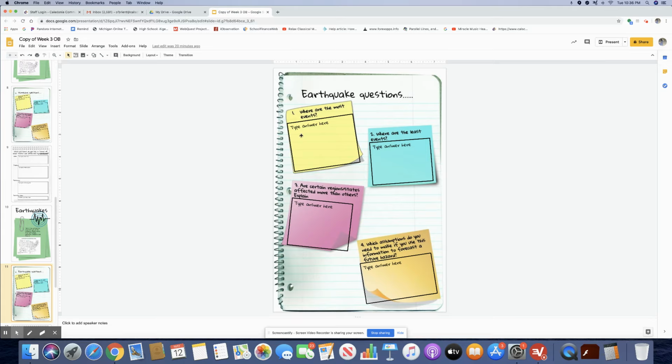Okay, earthquake questions. Where are the most? Where are the least? Are there certain areas that seem to be affected more than others? Yeah, okay. And what assumptions do you draw? Well, the one thing I know about earthquakes is most earthquakes occur close to what's called a fault line. So if you can figure out where the fault lines are, that'll help you there.